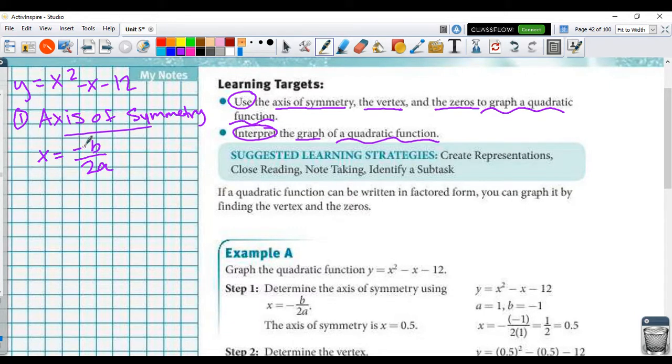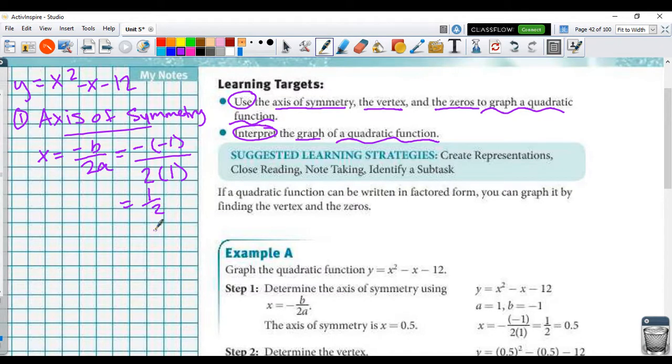So be careful because there is a negative in this equation. So I'm going to do negative b is negative 1. So we have a negative 1 times 2 over 2 times positive 1. So if we simplify this, we end up getting a positive 1 in the numerator and a 2 in the denominator. So our axis of symmetry is 1/2.